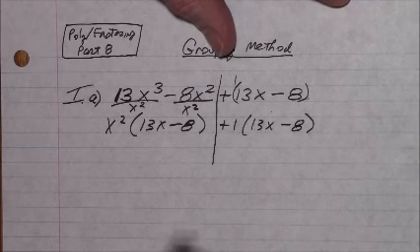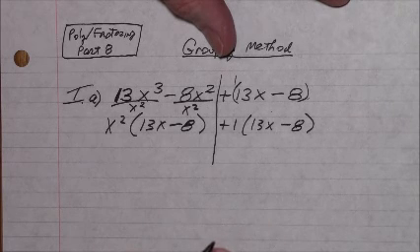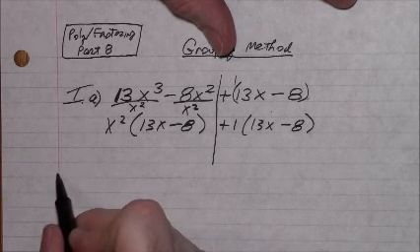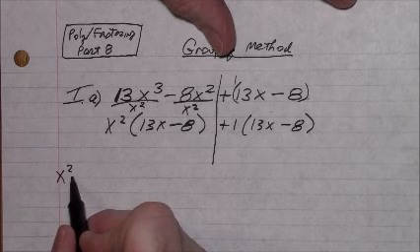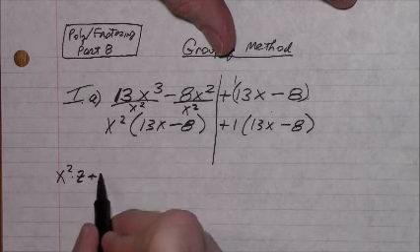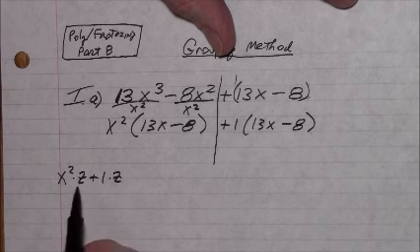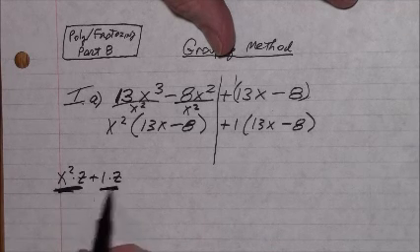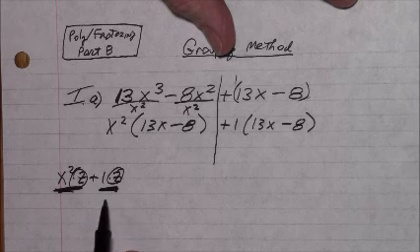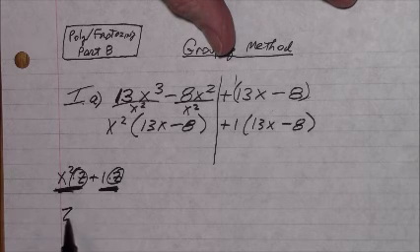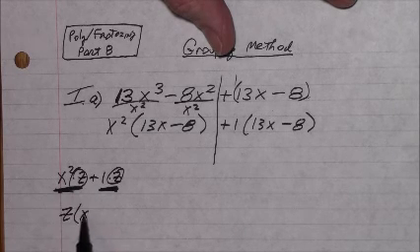Let's take a slightly different example to explain what I'm going to do here. If I had x squared times z plus 1 times z, think about that. I have x squared times z and 1 times z. There's a common factor of z here. So I'm going to take a z out from this one, and there's going to be an x squared left.